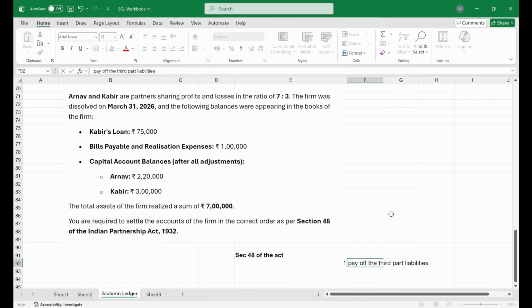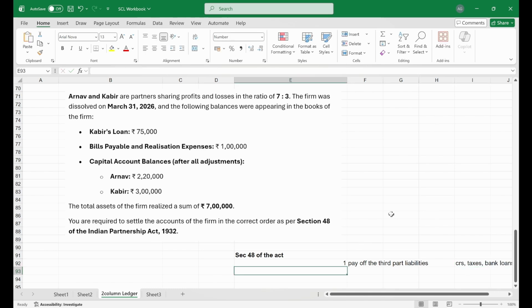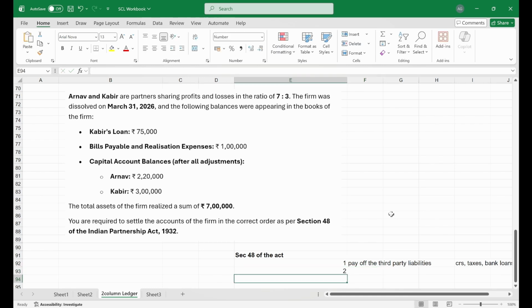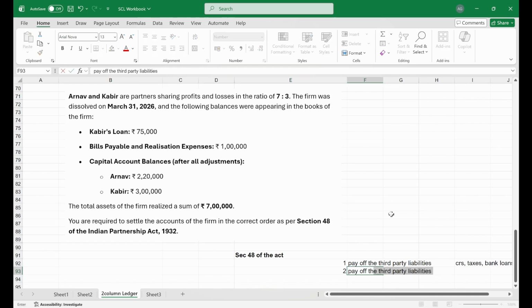Third party liabilities, for example, creditors, government taxes, and then if you have bank loans, interest on bank loans and everything. So first thing is pay off the third party liabilities. So they should be paid first before everyone.